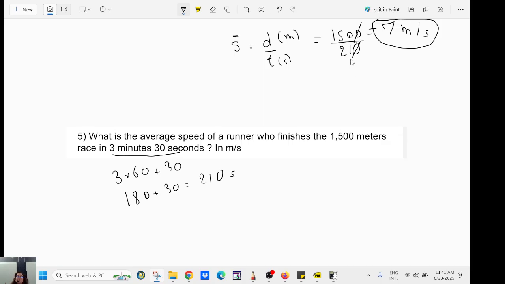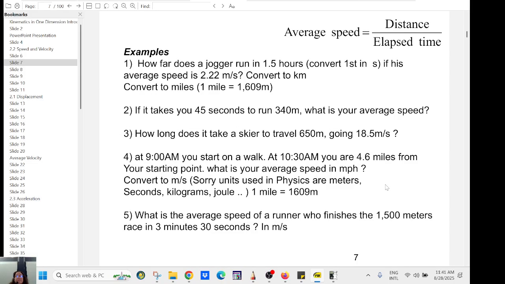Otherwise, you have to think about the significant values. So here we have 2 significant values, so you can keep 2, 7.2. Okay, is that easy for everyone? 1 mile is about 1609 meters, or 1.6 kilometers.